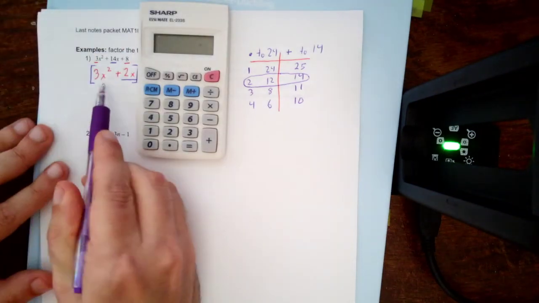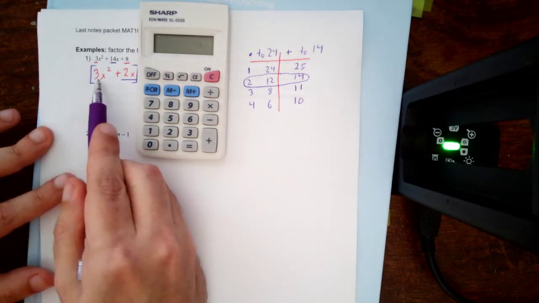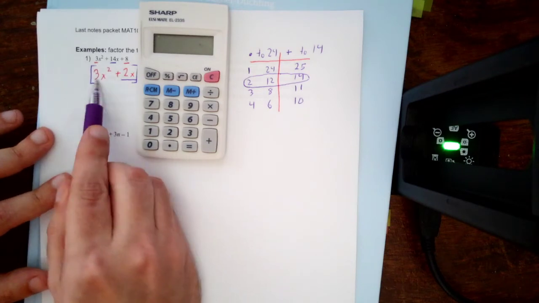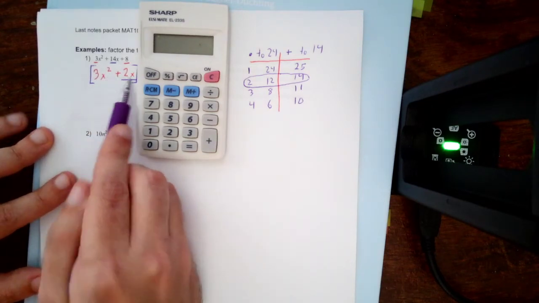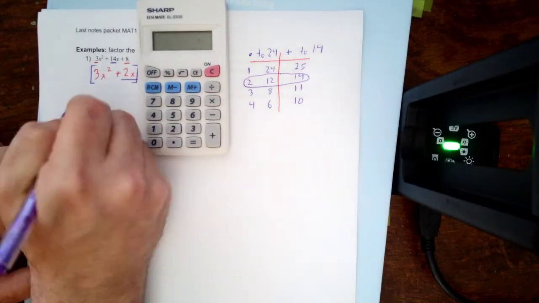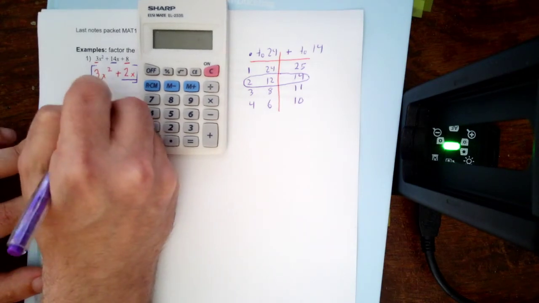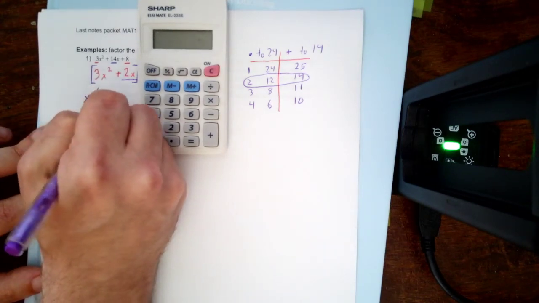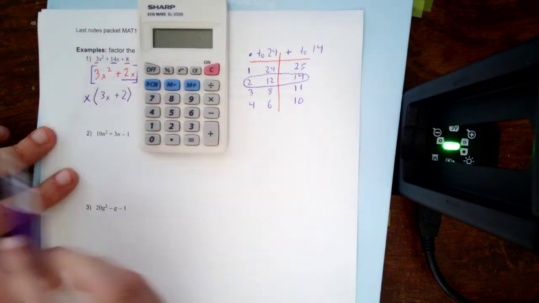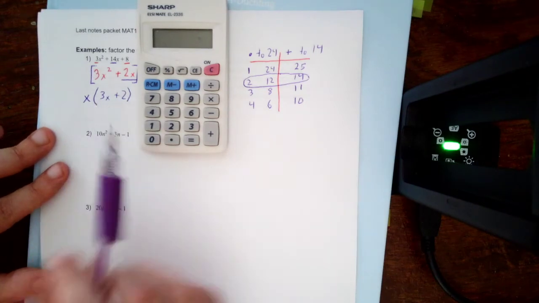I'm going to look at this group and see what factors it has in common. 3x squared plus 2x. 3 and 2 share no factors, but x squared and x share a factor of x. So for this group, I am going to factor out an x, which leaves me with 3x, I've taken one away, plus 2. 3x squared plus 2x becomes x times 3x plus 2.